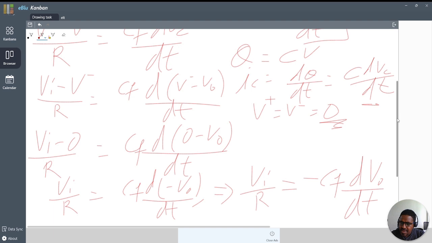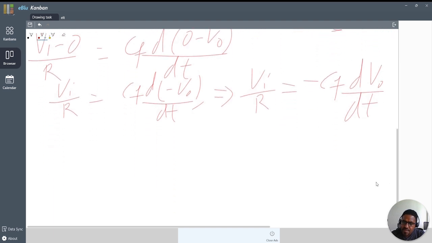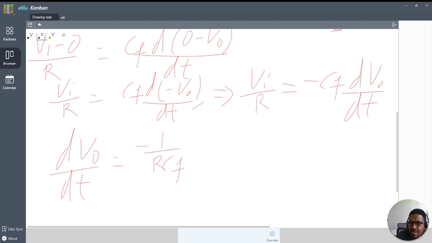Now simplifying dV out over dt: multiplying by 1 over minus Cf, we get d of V out over d of t equals minus 1 over R Cf times Vi of t.